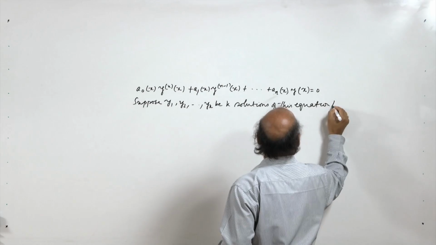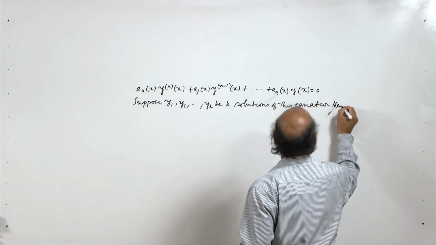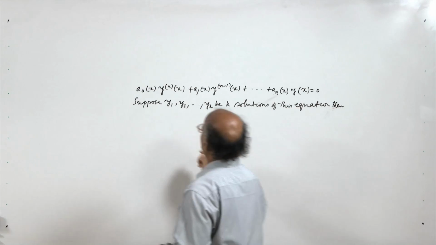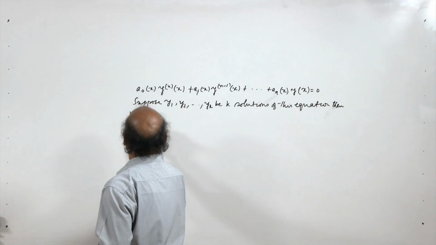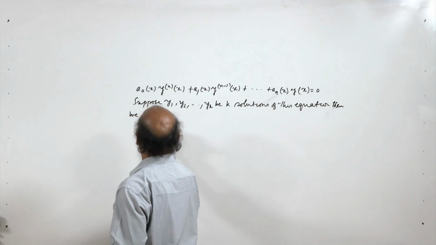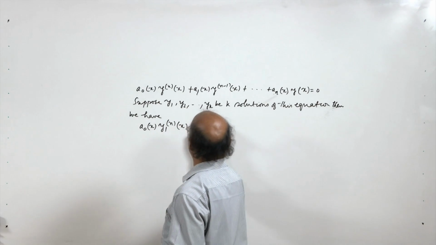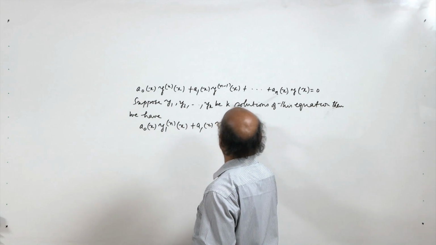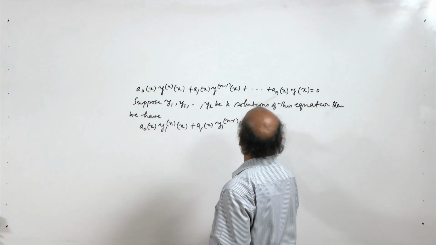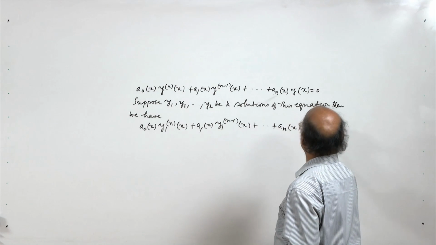Then we will have a0(x) y1^(n)(x) plus a1(x) y1^(n-1)(x) and so on, an(x) y1(x) equal to 0.